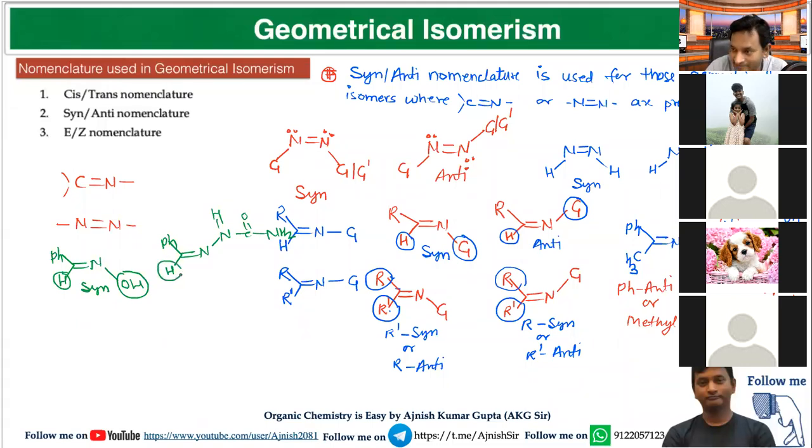If one is hydrogen, never think about the other group; this H and this group as a whole is simply a group. If this H and the group are on the opposite side of this restricted bond, then this compound is considered anti configuration. No matter if the group is smaller or larger.